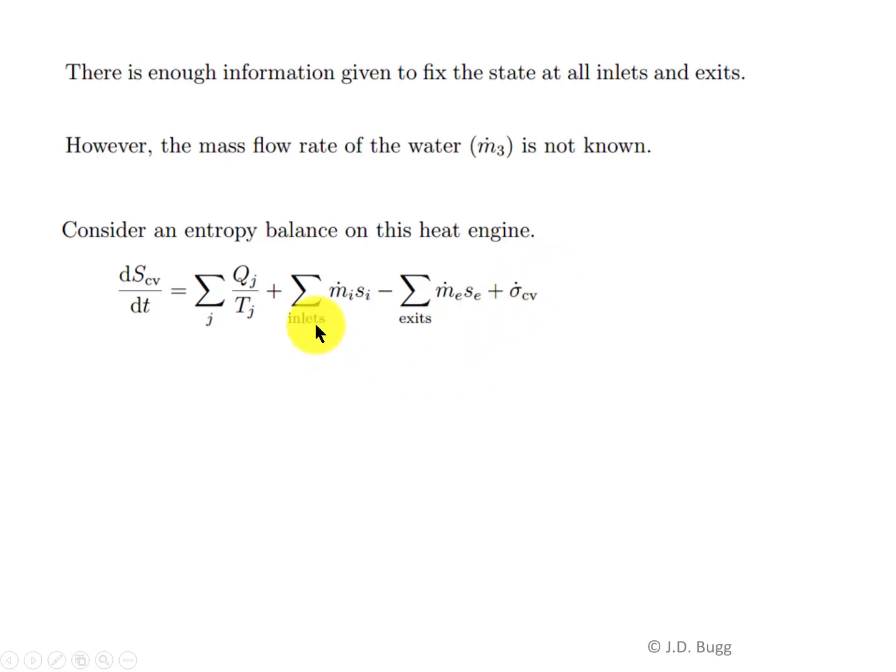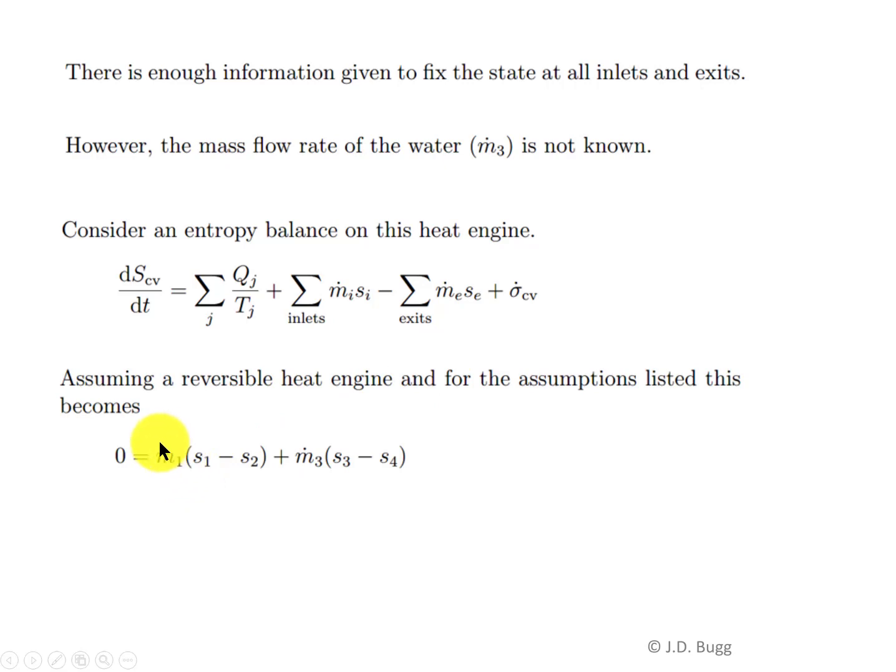So when we do that, we still need to be careful because there are 2 inlets and 2 exits. But when we rewrite the equation, we will get a mass flow rate of the air times S1 minus S2. That's the air inlet and the air exit. And the mass flow rate of the water times S3 minus S4, the water inlet and the water exit.